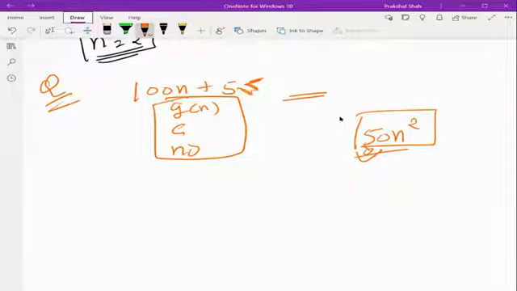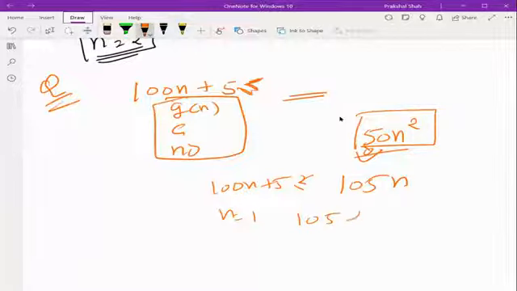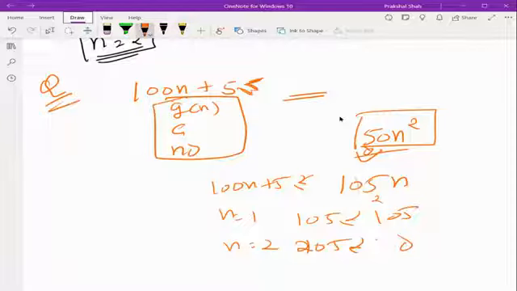Let's consider 105. 100n plus 5 is less than or equal to 105n. For n equals 1, 105 is less than or equal to 105, it's true. For n equals 2, 205 is less than or equal to 105 into 2, that is 210.